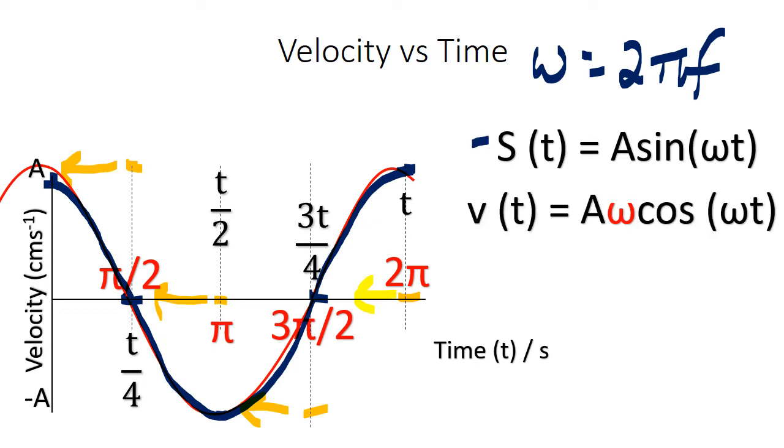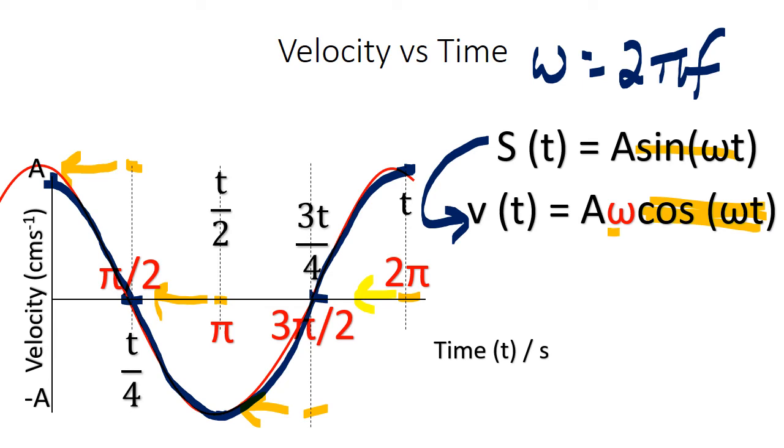So you can see, taking the derivative, if my displacement versus time function is A sine omega t, the derivative of sine omega t is cosine omega t, the derivative of sine is cosine, and then I multiply cosine omega t by the derivative of what's inside the function. The derivative of omega t is omega, so you'll see now I have this term.